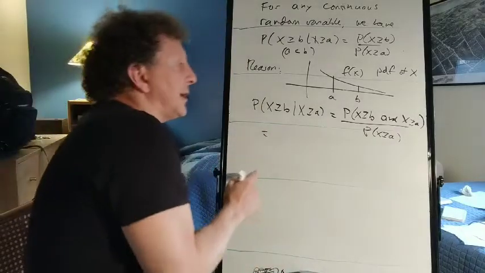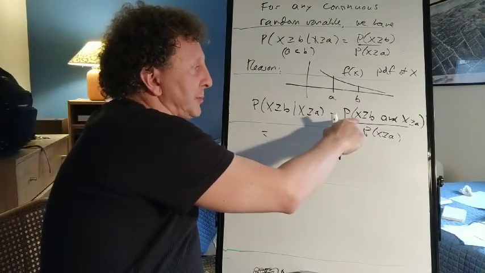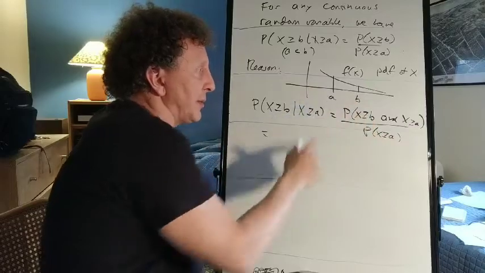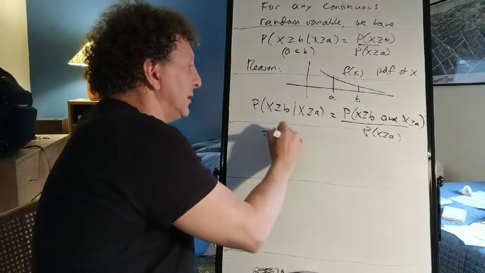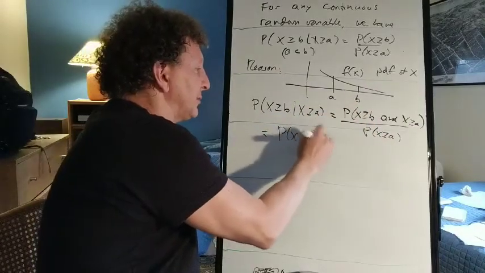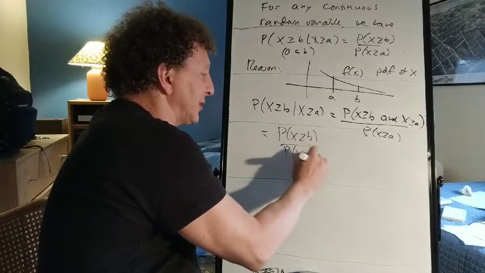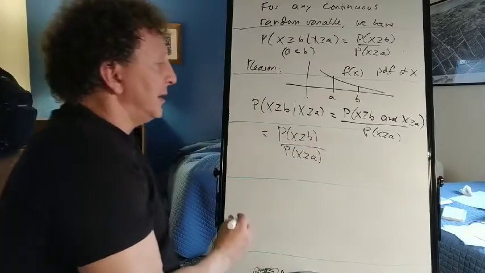But if b is greater than a, then the probability that x is greater than or equal to b and greater than or equal to a is just the probability that it's greater than or equal to b. So it's just the probability that x is greater than or equal to b on top, over the probability x is greater than or equal to a on the bottom.